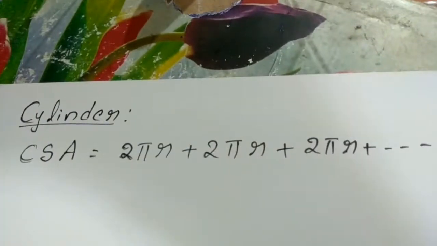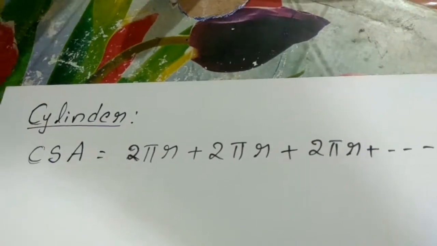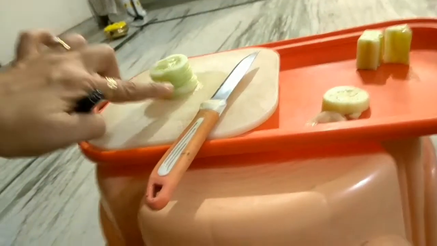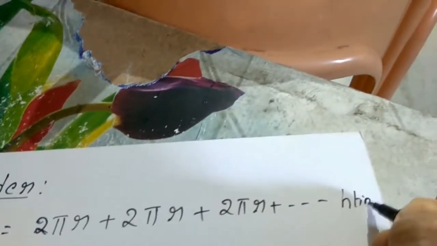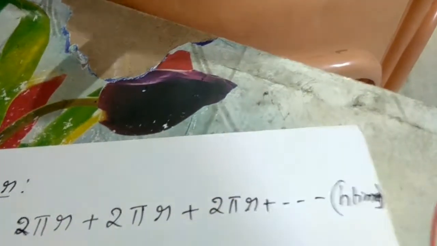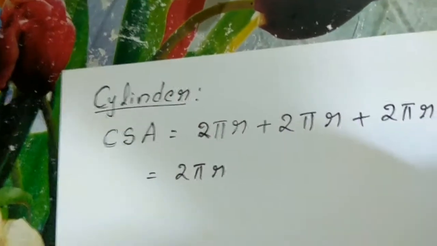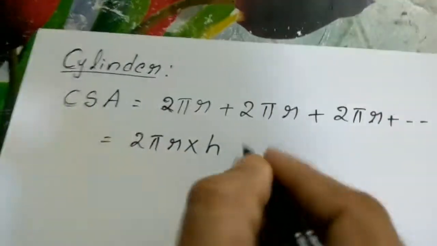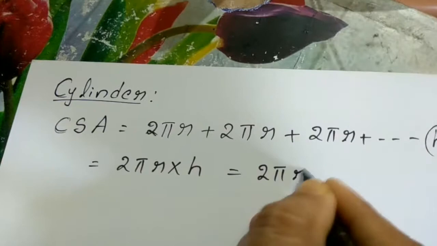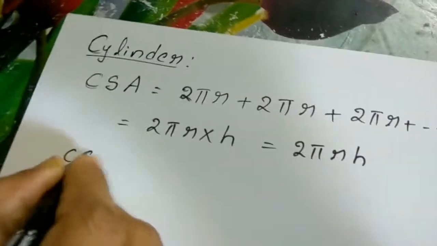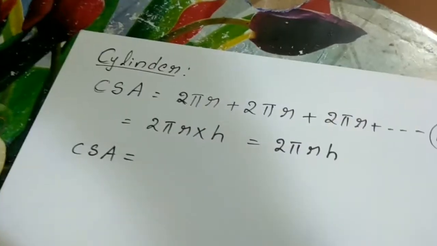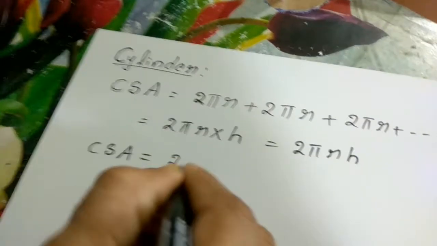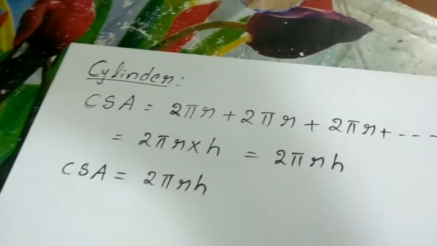How many times do we have to consider it? As we have taken the cylinder for a certain height of h units, we have to take it h times. So 2 pi r being repeatedly added h times is 2 pi r multiplied by h, which is 2 pi r h. So the curved surface area, CSA, of a cylinder is 2 pi r h.